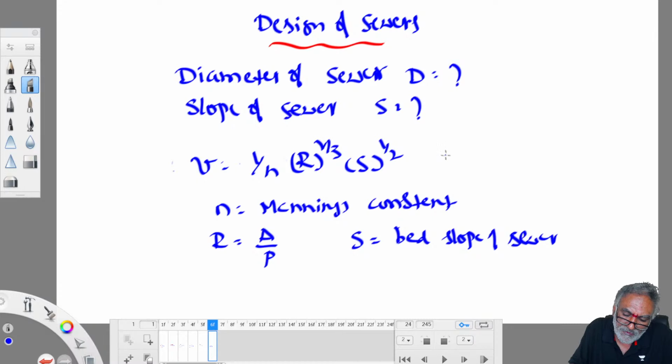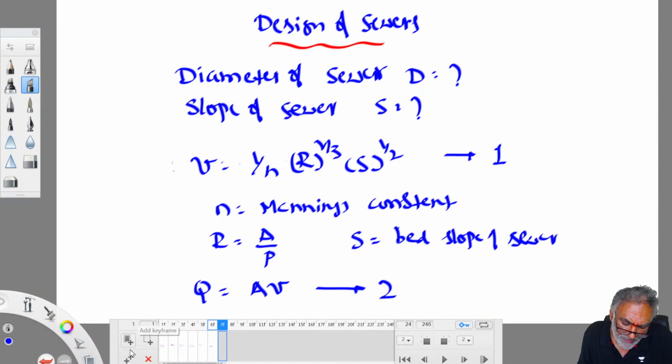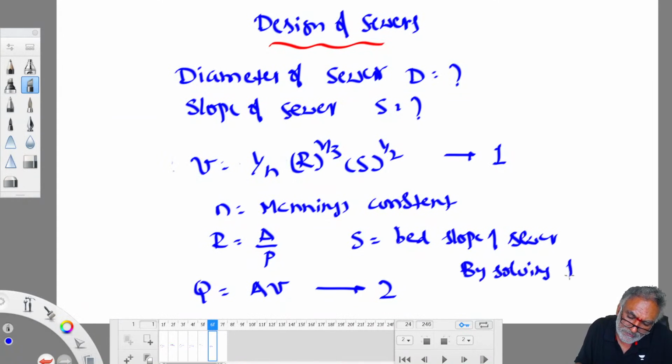So this is equation 1. This is coupled with the Q equation: Q is equal to area into velocity. By solving these equations 1 and 2, we can find out the diameter of the sewer and slope of the sewer design.